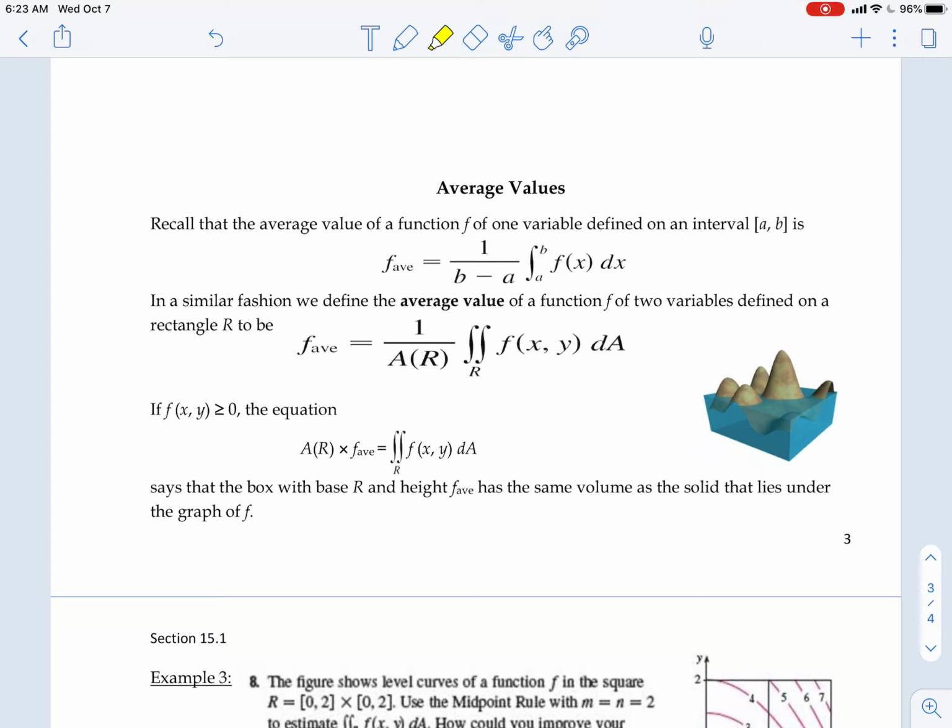So to find the average value, in order to find the average value, all we're doing is dividing our double integral by the total area of our rectangle. That's it.